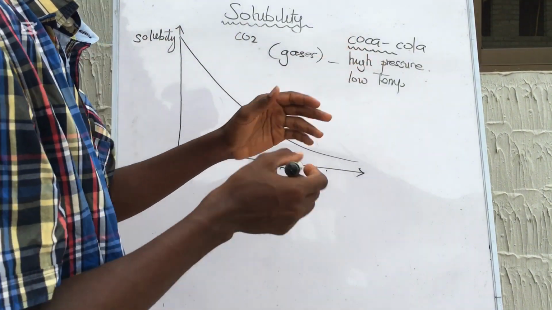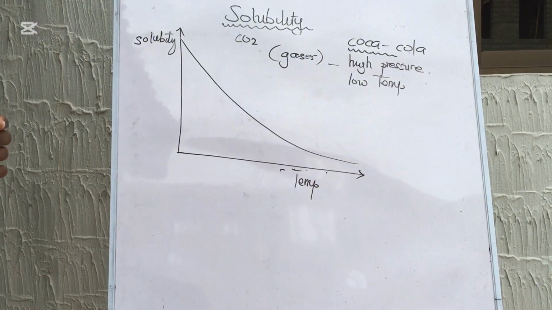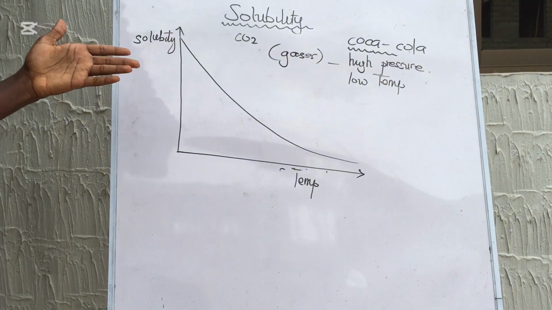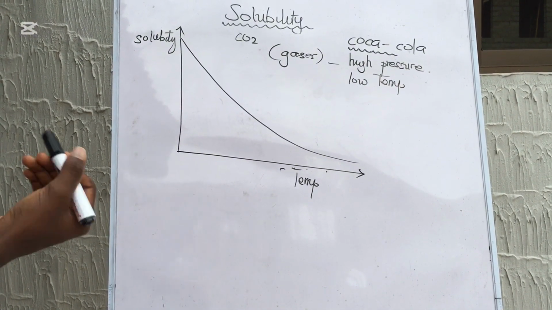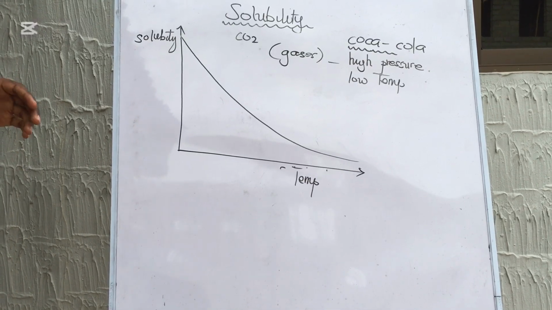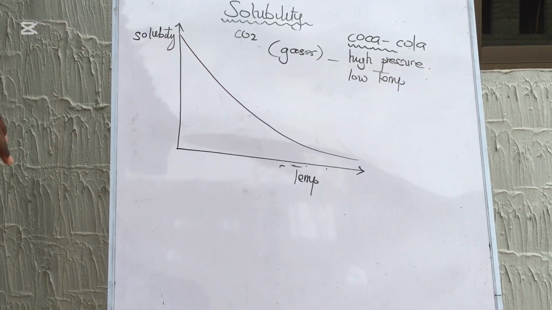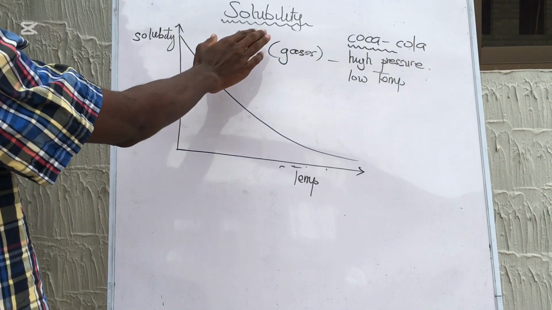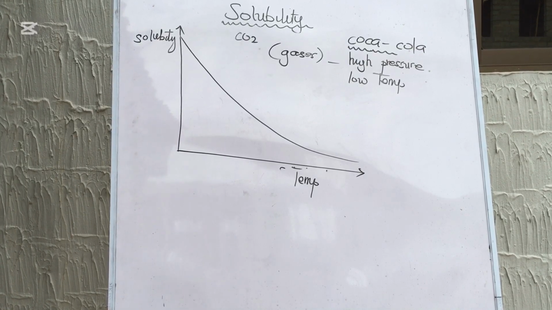You can also try it yourself: buy a warm one and a cold one, open the two bottles and see which one produces most of the gas. If it is producing most of the gas, it doesn't mean that it is dissolving most of the gas. It means that its solubility in the liquid has decreased because of the increase in temperature.